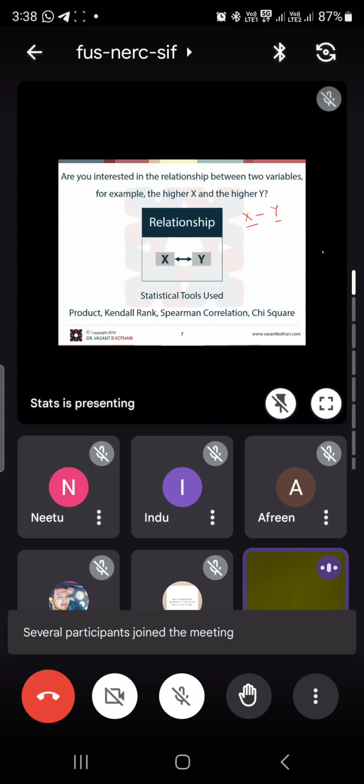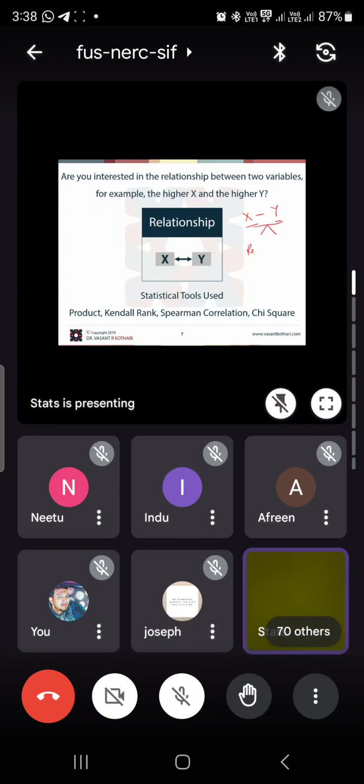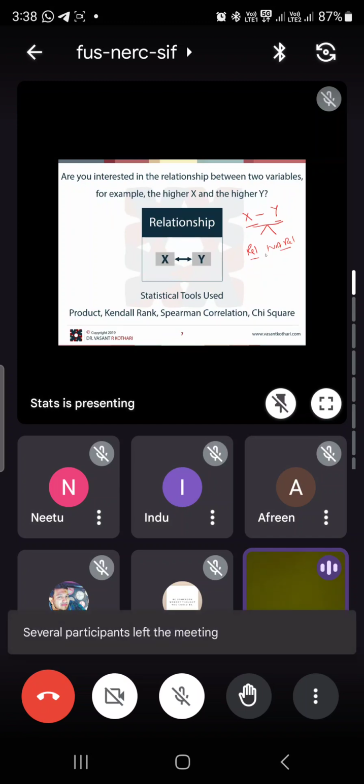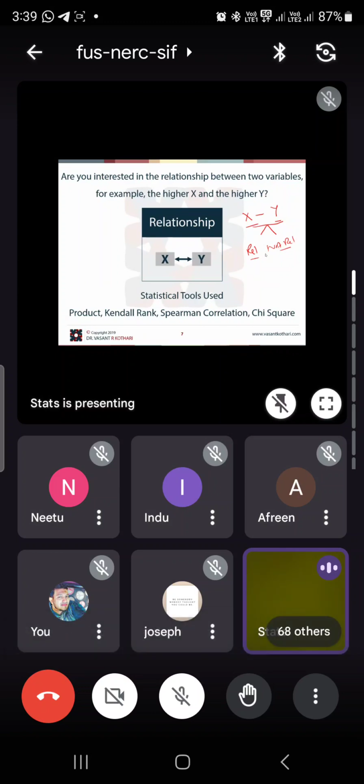Two possibilities here, X and Y: either they are related or they are not related. If they are not related with each other, there is no issue.